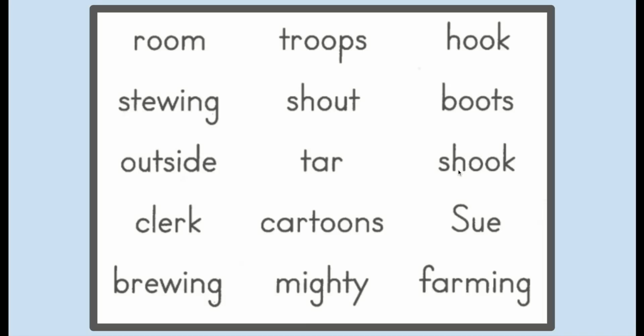Tar, shook. Clerk. Cartoons. Sue. Brewing. Mighty. Farming.